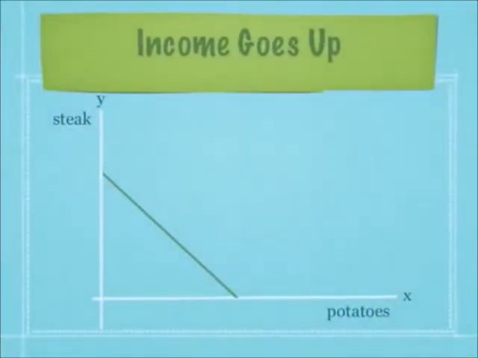Now the next question I have is what happens if income changes? In this case, if income goes up, the entire budget line shifts out, right? Buy more of everything.